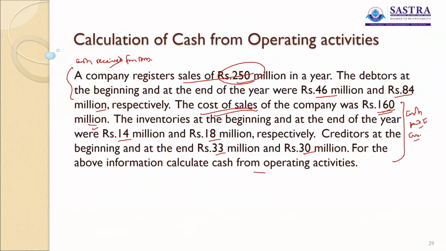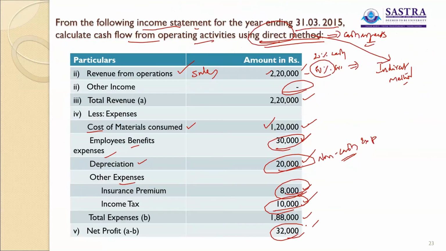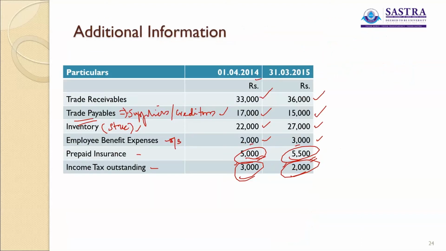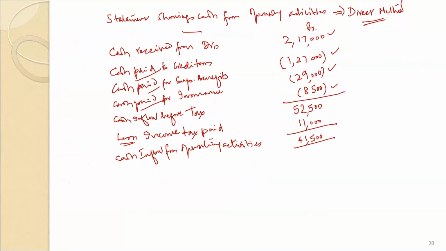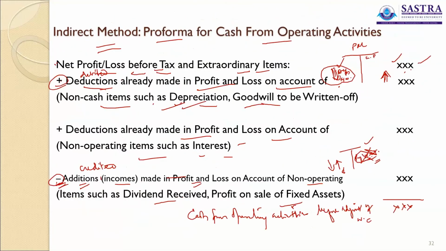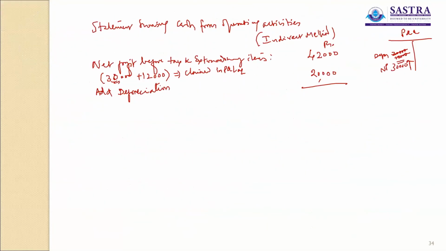If you look at it, this 32,000 is arrived after deducting expenses, less depreciation 20,000 and less income tax 10,000. I observed just 30,000 earlier; no issues, we can change it. So it should be 32,000 and 10,000 here. Tax is 10,000 and net profit is 32,000.